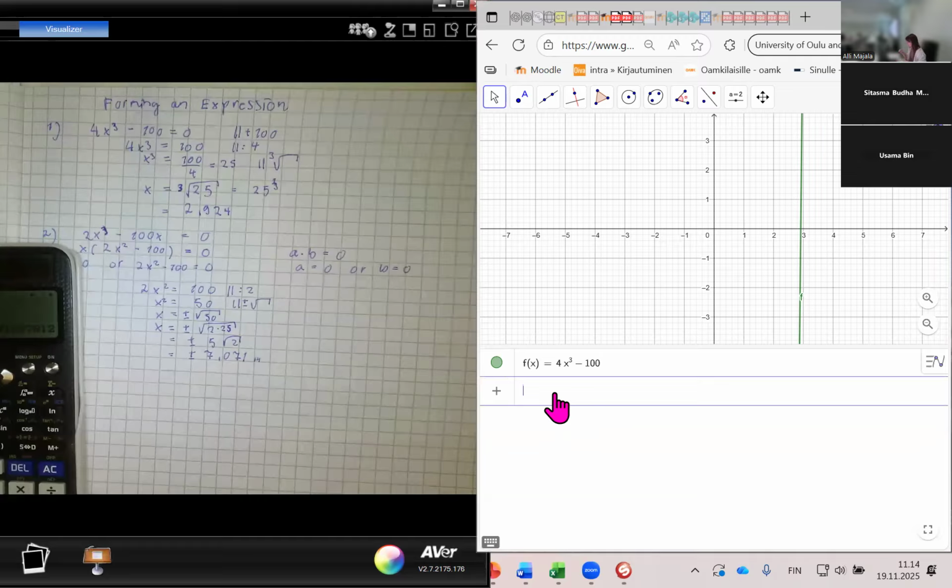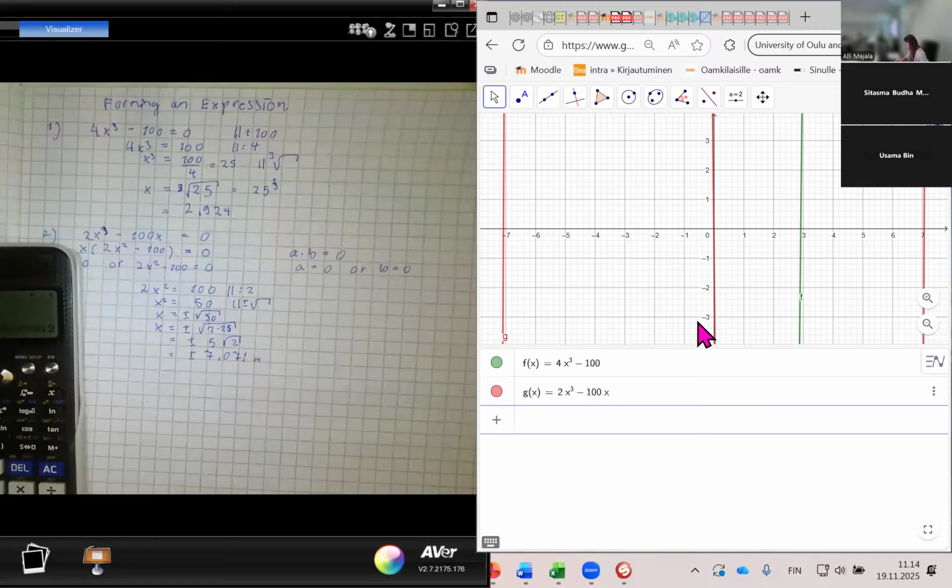Let's do another. This is the first one. 2x to the power of 3. Now this. So I could have solved that one. Now this starts to look right. I don't have to put the multiplication sign. So it shows me the roots there.